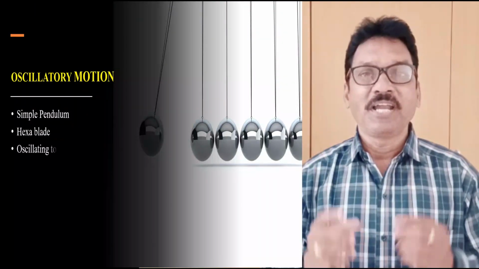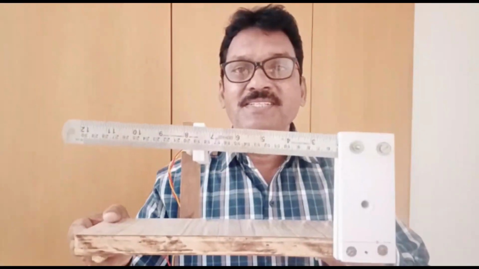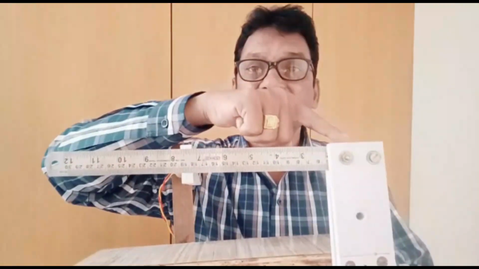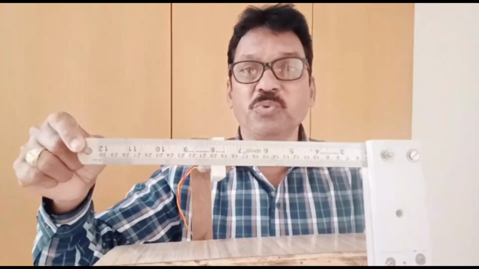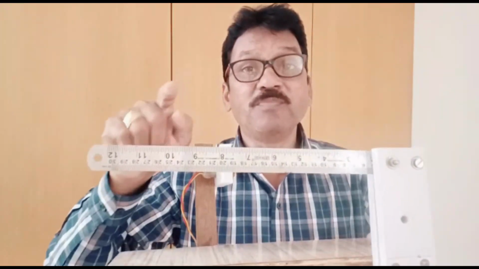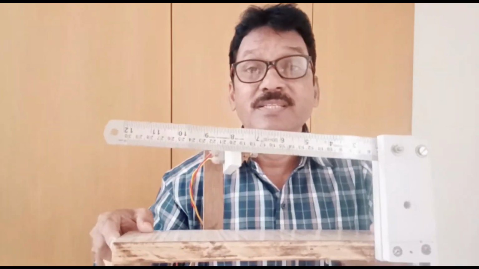We have many oscillating systems that we encounter in our life. Here I have 2, 3, 4 things. Let me show them one by one. I have this iron scale oscillating system. One end of this scale is fixed and the other end is free to move. When I push it and release, you have to observe how it oscillates. Now I am placing this system very close to you.